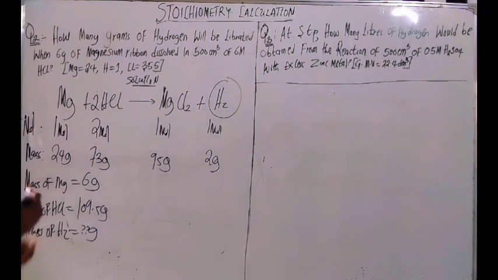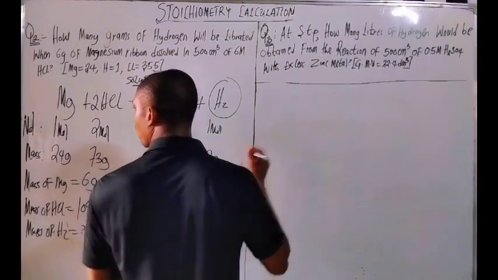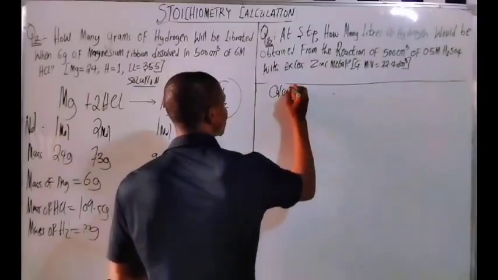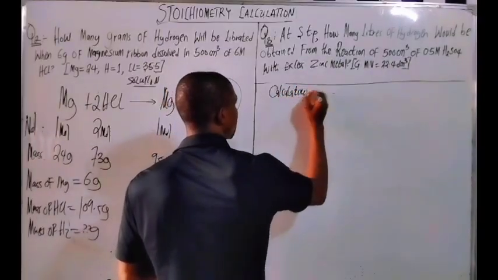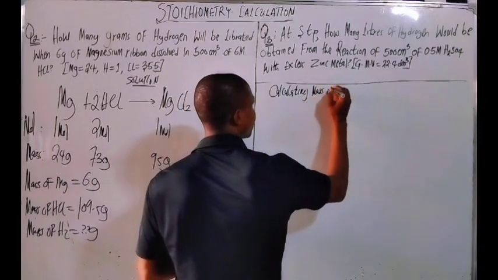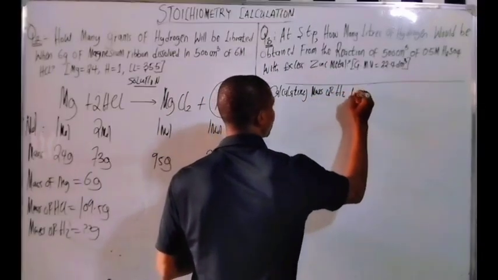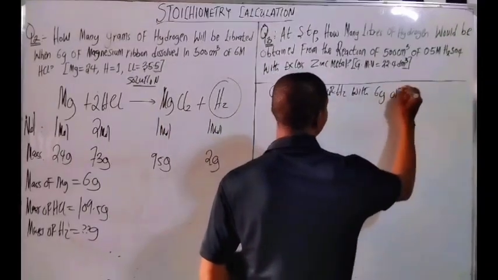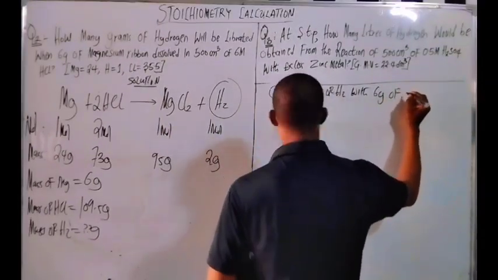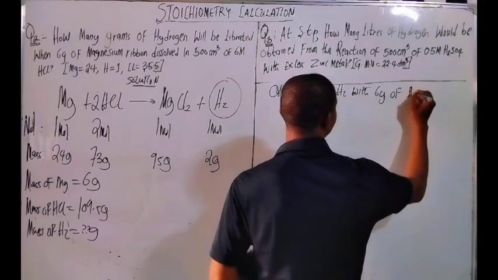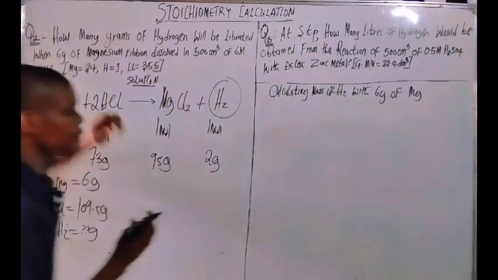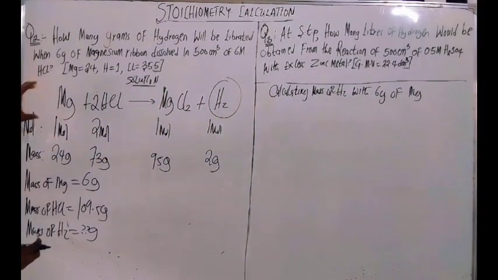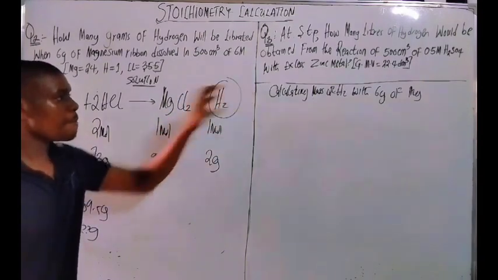Do you understand? So you can now say calculating the mass of H2 with 6 gram of magnesium. So now look at something here. If you should relate it here, this and this, mass to mass.